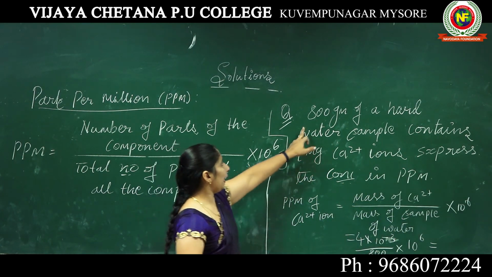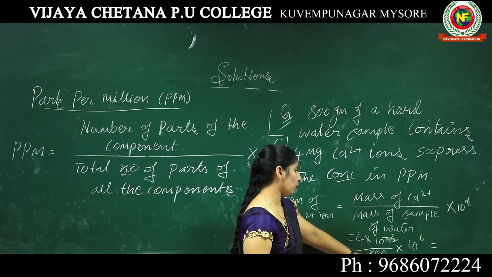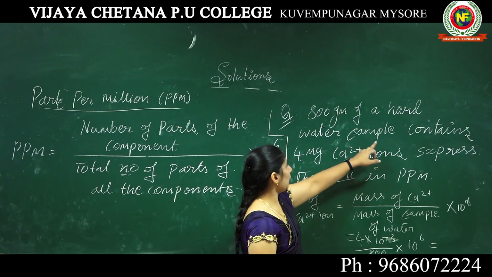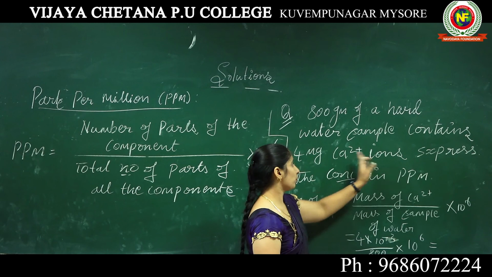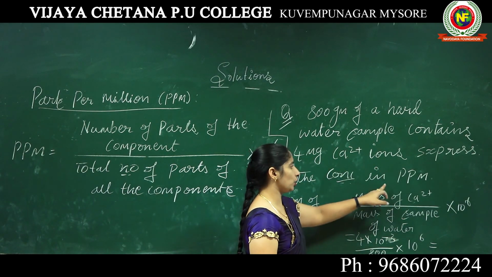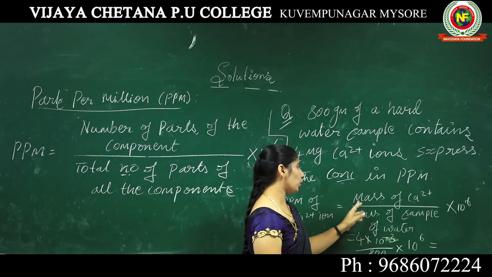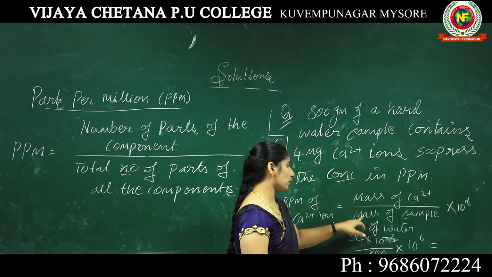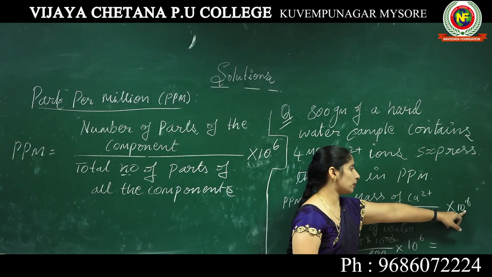See, look here, 800 gram of hot water. It's nothing but the mass of the sample water. The sample contains 4 milligrams of Ca2+ ion. Express the concentration in parts per million. We know that the parts per million of Ca2+ ion is equal to the mass of Ca2+ by the mass of sample of water into 10 to the power of 6.